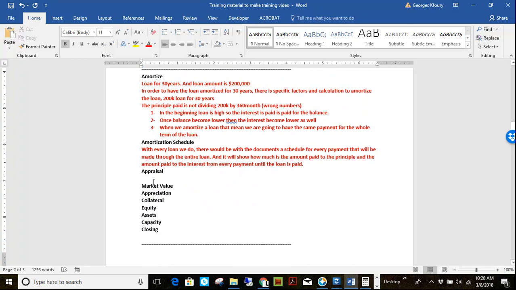What is an appraisal? An appraisal is a report that is prepared by a licensed appraiser to get us a solid evaluation for a property, with details on how it's done.